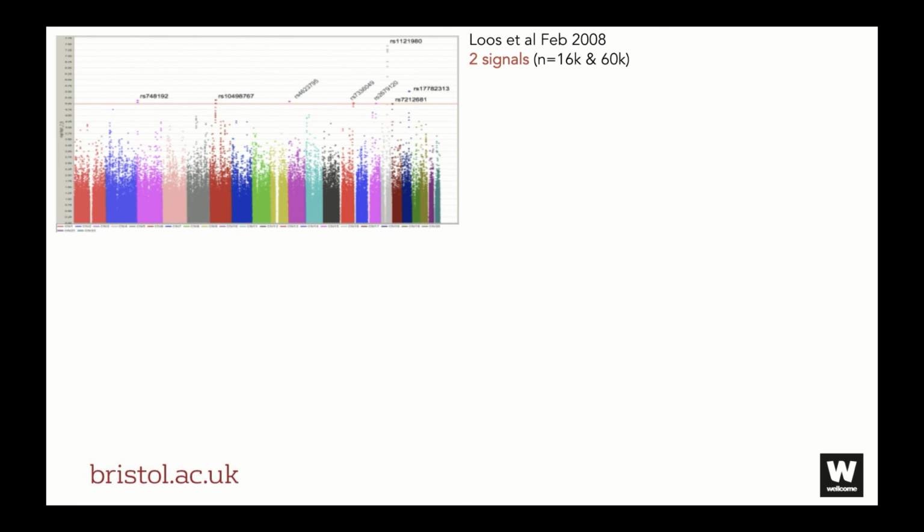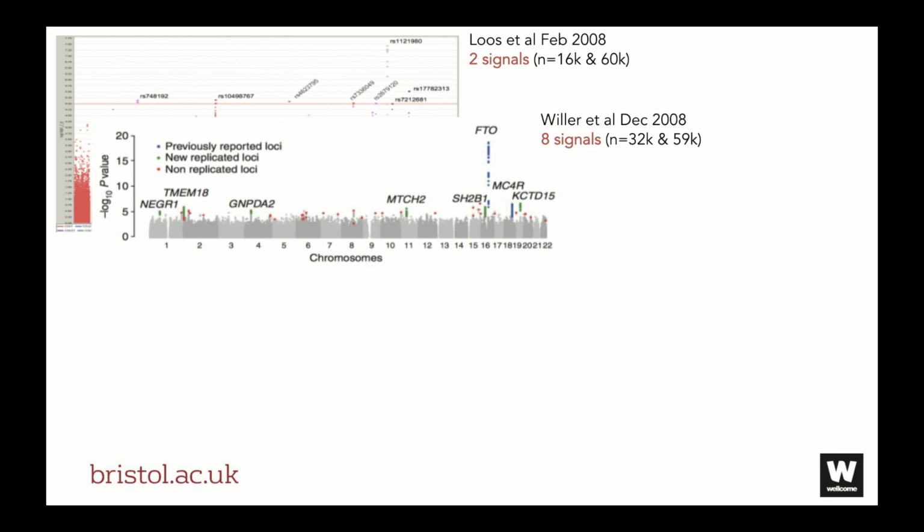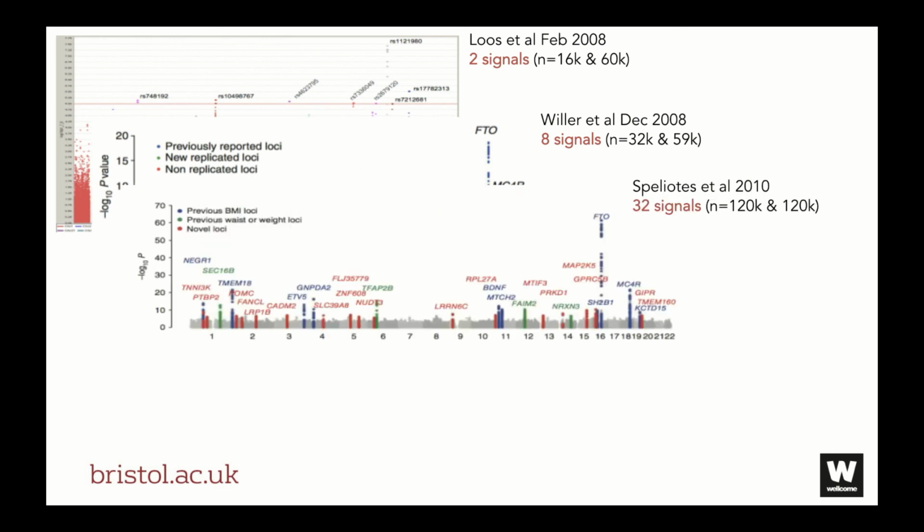They found 2 hits robustly related to body mass index, 11 years ago now. In the same year, they increased the sample size again and found 8 signals. In 2010, they increased the sample size to about 240,000 individuals and found 32 genetic variants across the genome, which makes sense, as body mass index is fairly polygenic.